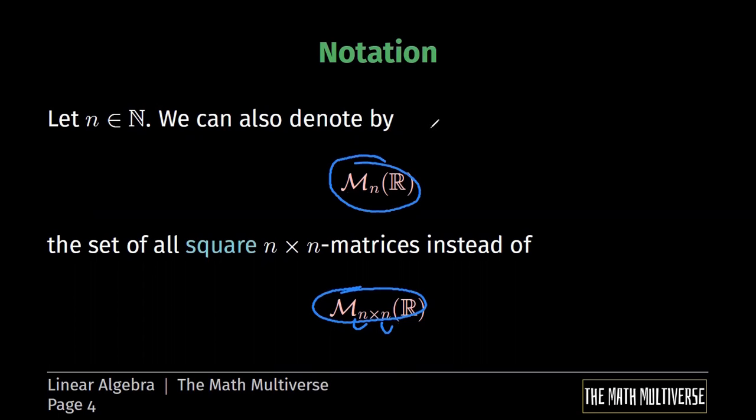Today we won't have square matrices, so we will use the regular notation M m times n R. Let's cancel these little circles and go on with our definitions.